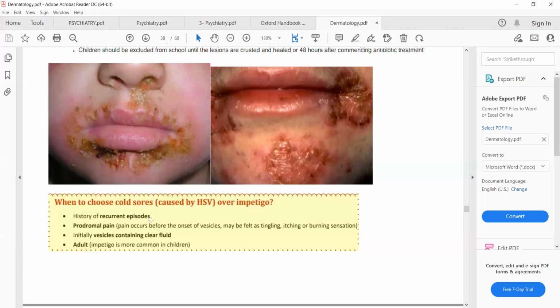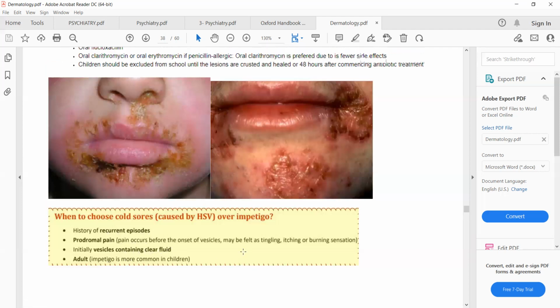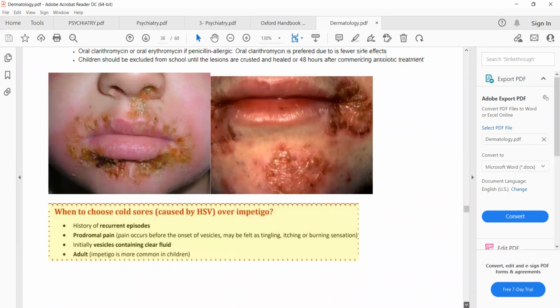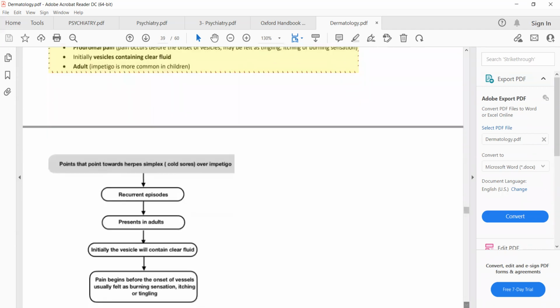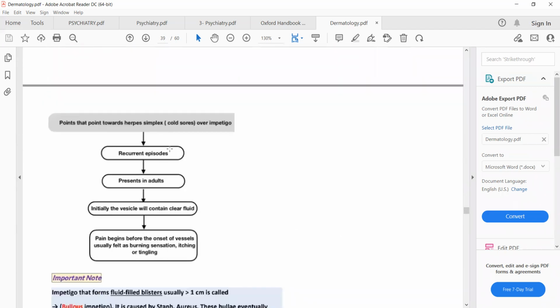One is if there is a history of recurrent episodes, if there is a prodromal pain, if the vesicle contains clear fluid, and if the patient is an adult, because impetigo is more common in children. So if these 4 points are present, then your diagnosis will be herpes simplex virus infection. Again, recurrent episodes present in adults.